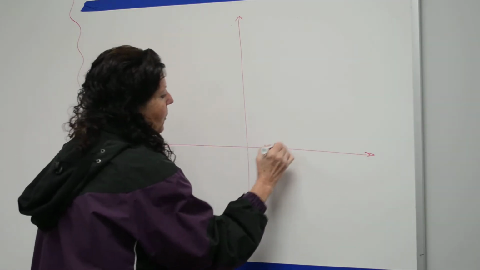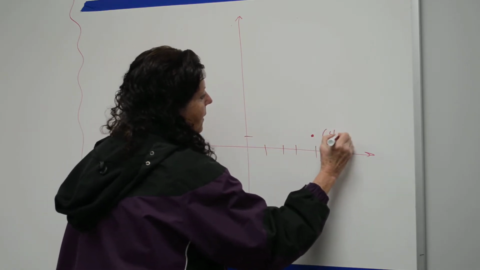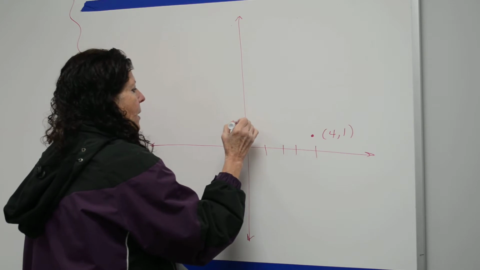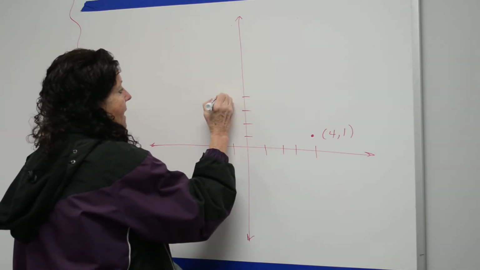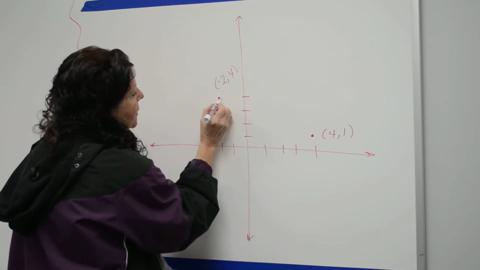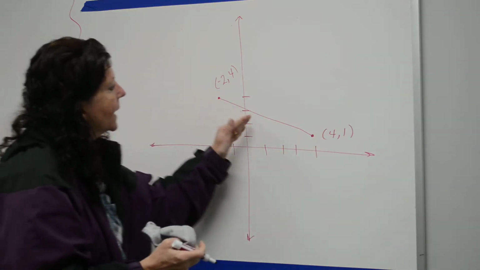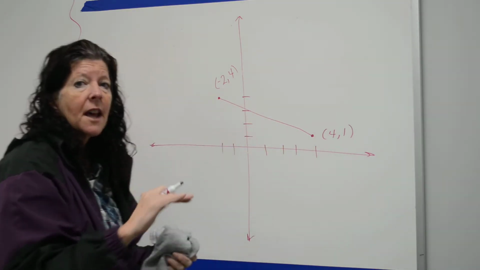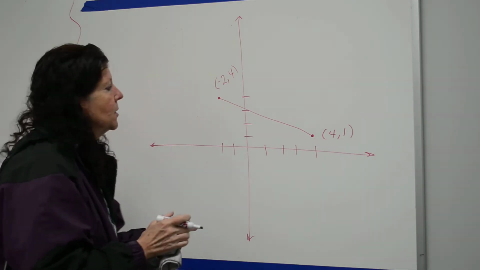Let's say we have a point over here that's (4, 1), and then we have a point over here that's (-2, 4), and I want to know the distance between those 2 points. Well, I can't count because it's not a horizontal line and it's not a vertical line. So there has to be a way to do it.